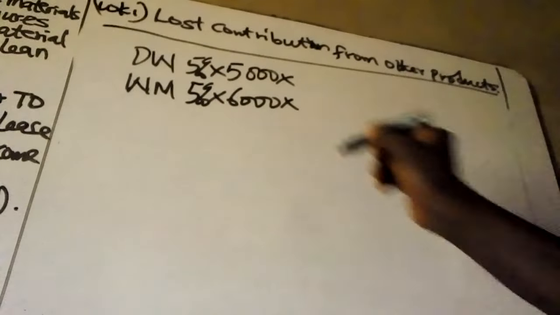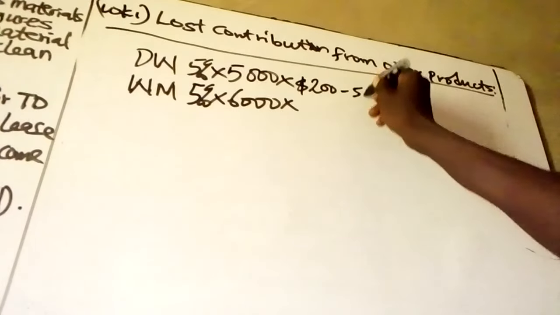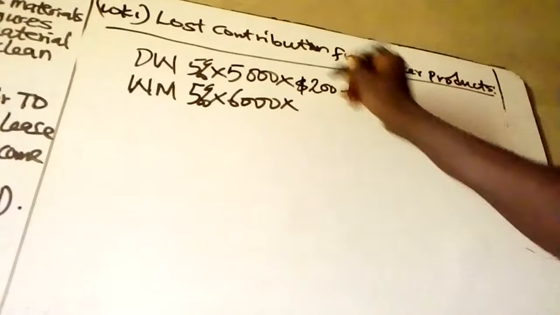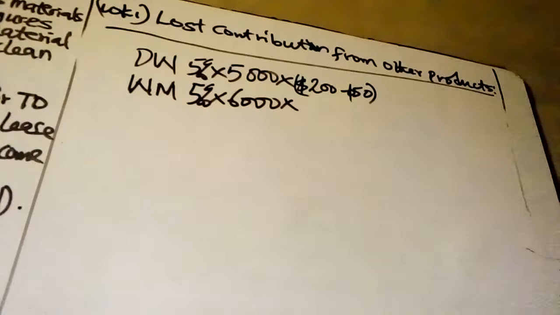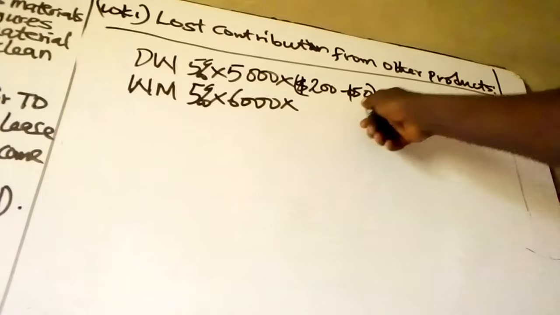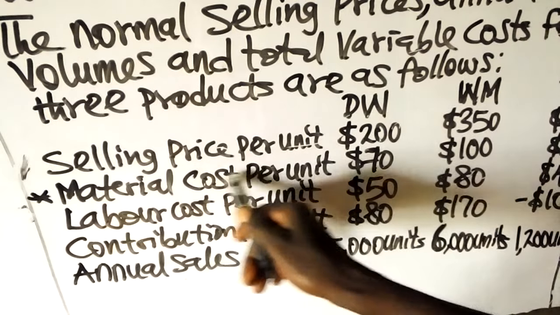For DW, that is 200 minus 50, that is 150. That is selling price minus labor cost per unit. That's what I am only considering. I've excluded the material cost per unit.